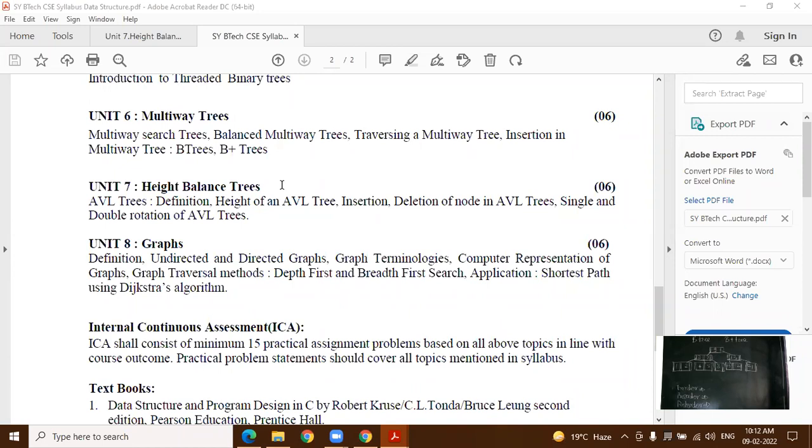The first assignment is: insert in B tree of order 3. All of you dictate it in your notebook.